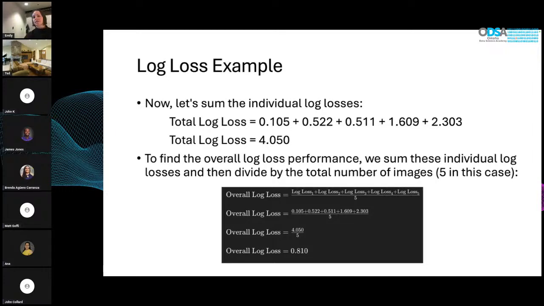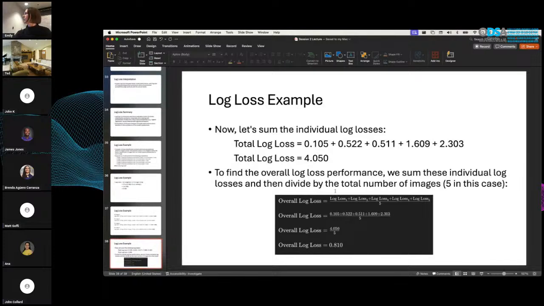I'm wavering in my assumption here that log loss ranges from 0 to 1, so give me just one moment. Log loss is not restricted to the range of 0 and 1. It can take on any positive value.